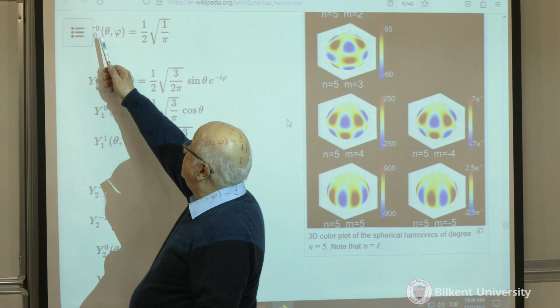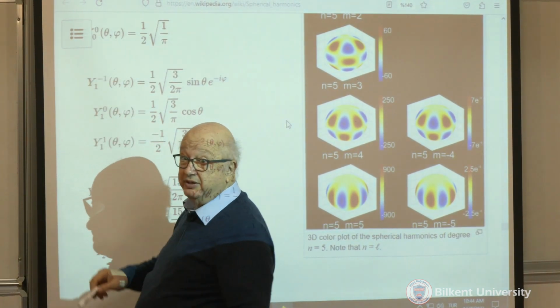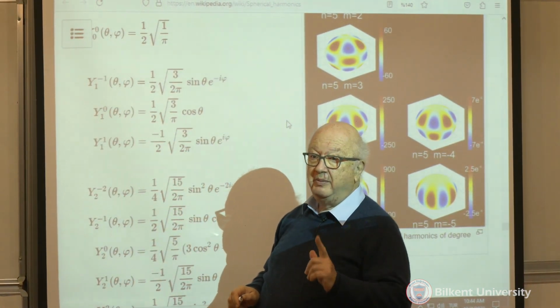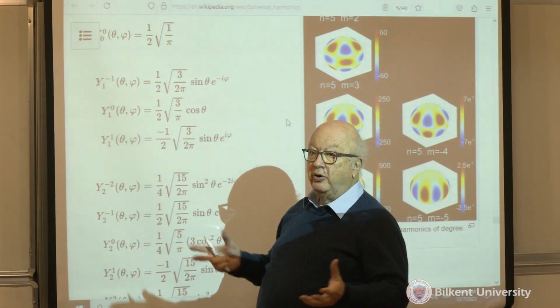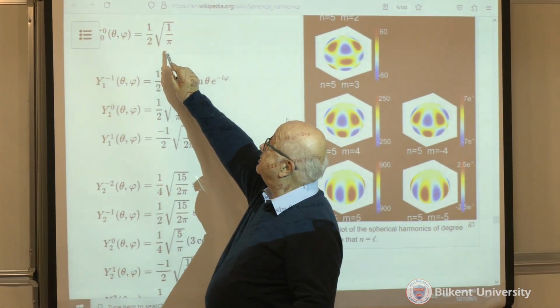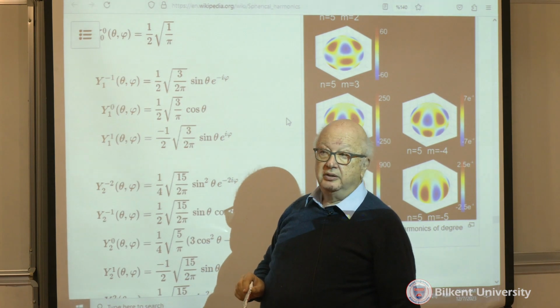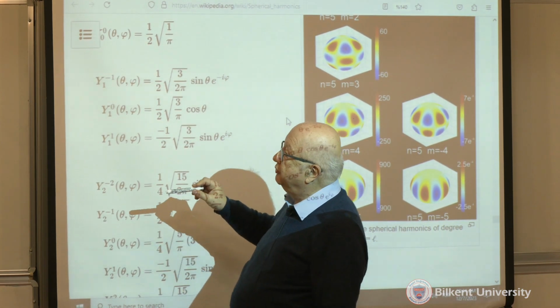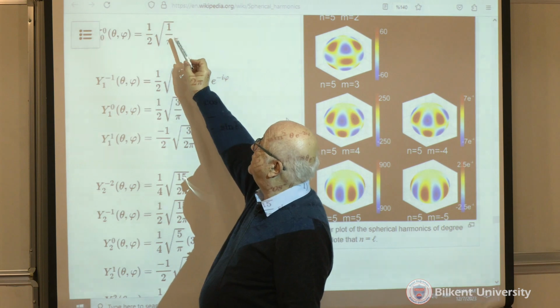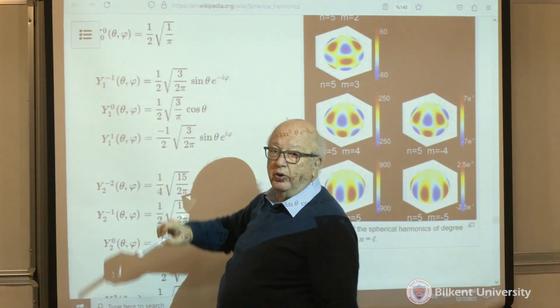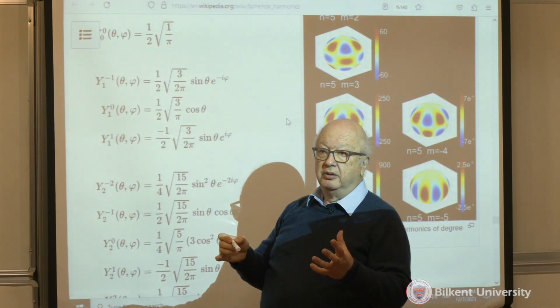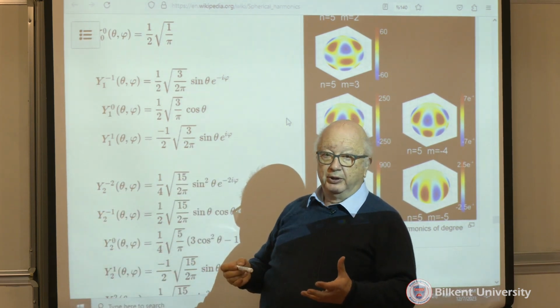So we have a bunch of functions here. This is Y_0,0. So this is L equal to 0, m equal to 0: zero angular momentum. You see, it's just a constant. Because of the normalization requirement, the square of this is 1 over 4 pi, so when you integrate it over all angles, you get 1.